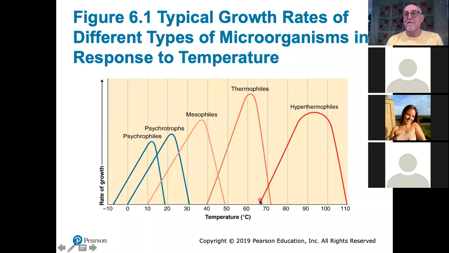Their minimum is 65. Let me tell you something. The process of pasteurization, we heard about it before. It's a method of not sterilizing, but of largely clearing a liquid of actively growing bacteria.